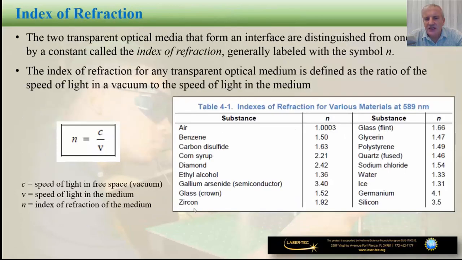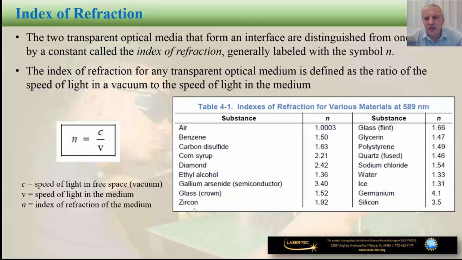Before we analyze in full detail the phenomenon of bending or refraction of light and how to quantify it, there's an important concept that has to be introduced that's going to play an important role in the analysis of the refraction of light, and that's the so-called index of refraction. Index of refraction is an important parameter that defines the optical properties of a medium.